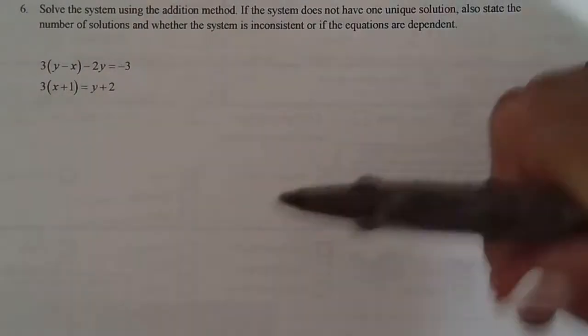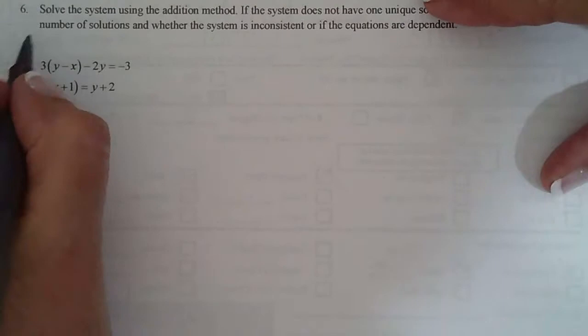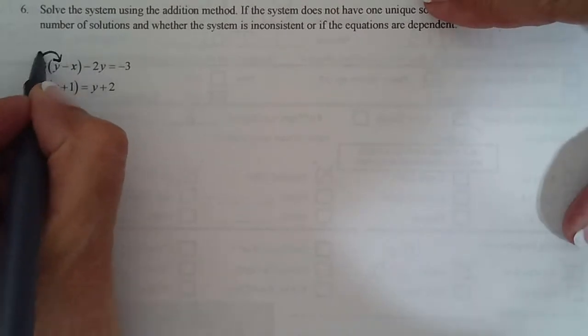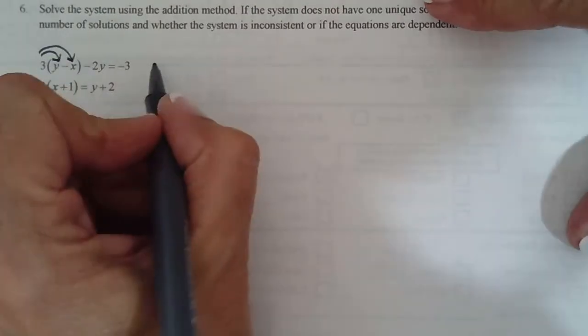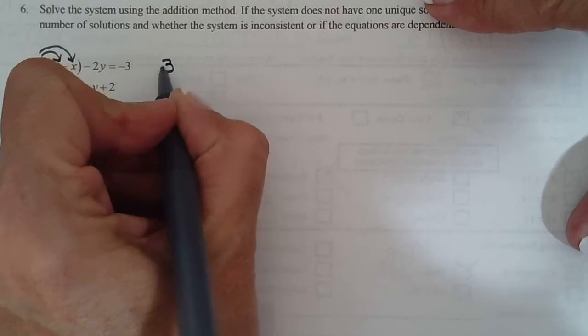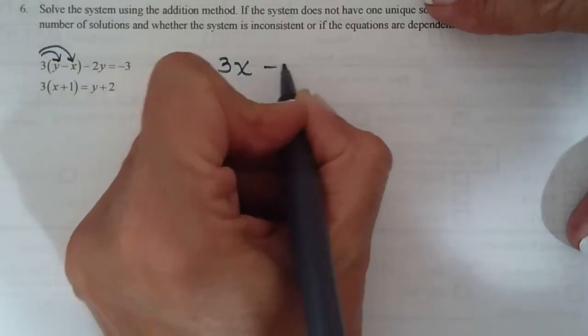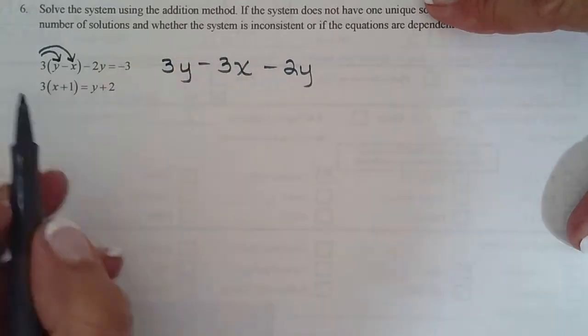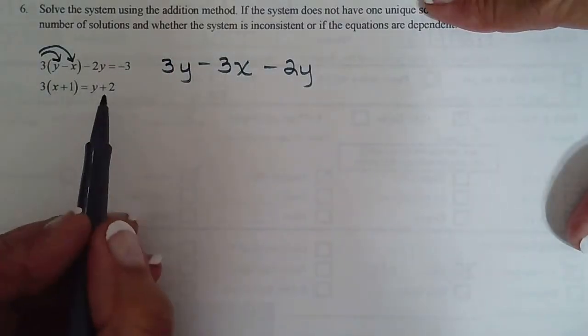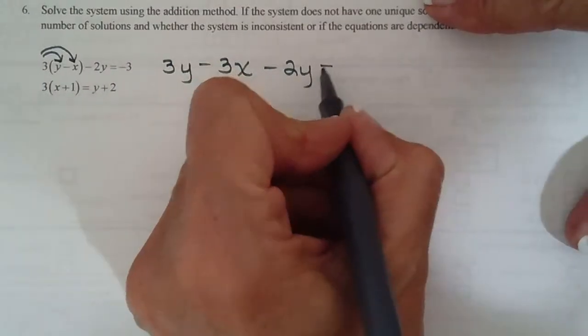So first, for number 6, we need to distribute, just like we do with other equations. So we get 3y minus 3x minus 2y equals negative 3.